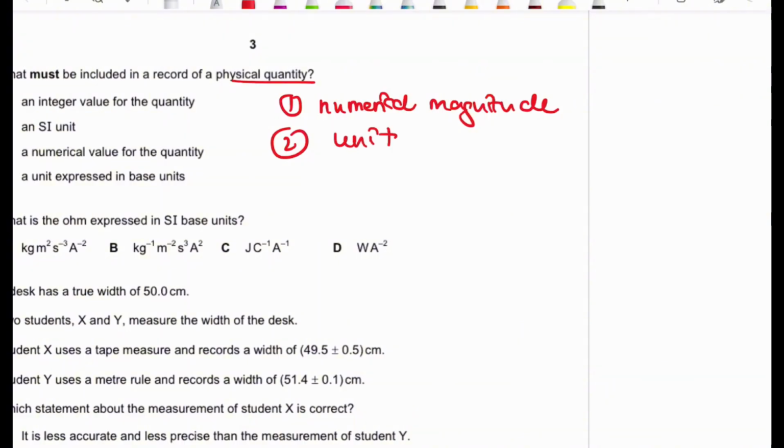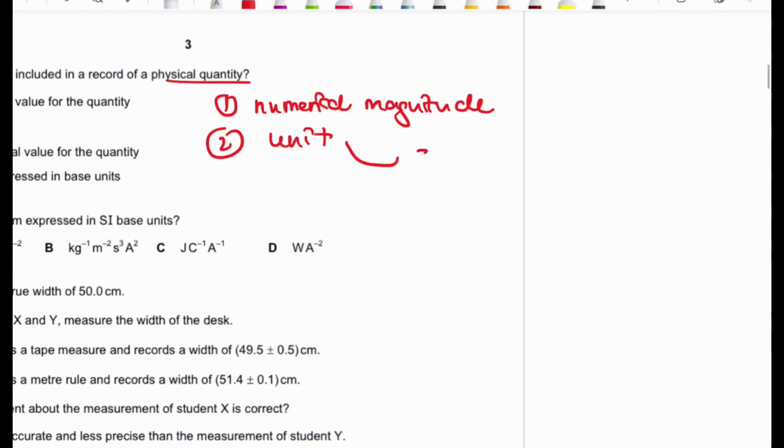Okay, but you need to understand we have three kinds of units. Basically, there are many kinds of units, but the units that we have can be SI base units, the second one is a derived unit, and the last one is a base unit.